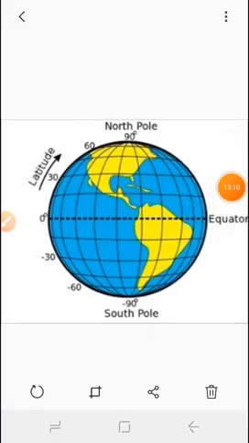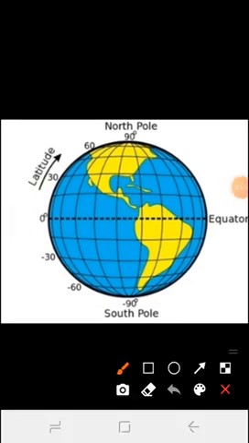Second is, you see, the equator is the largest latitude. The latitudes decrease in size as they move northwards or southwards from the equator. They reduce to a dot at the poles. So, with the help of the diagram, it is very clear to you. The equator is the largest latitude.